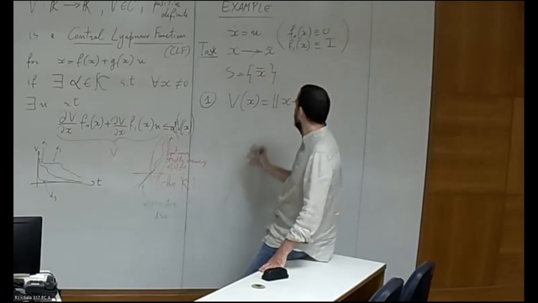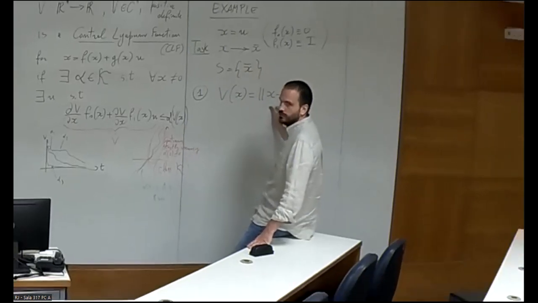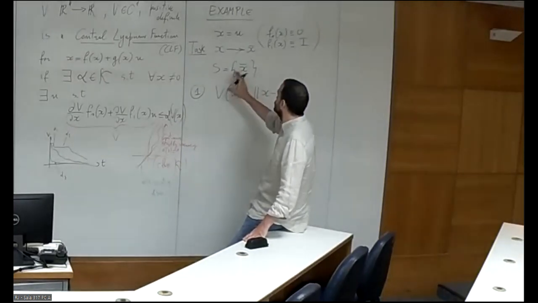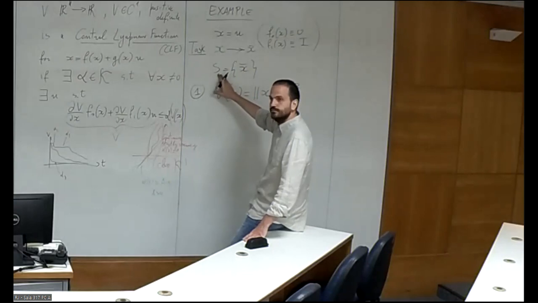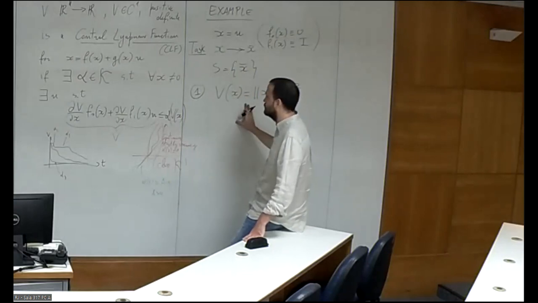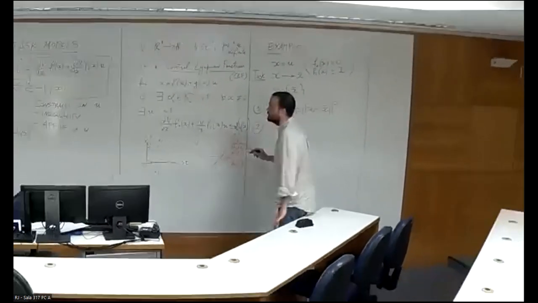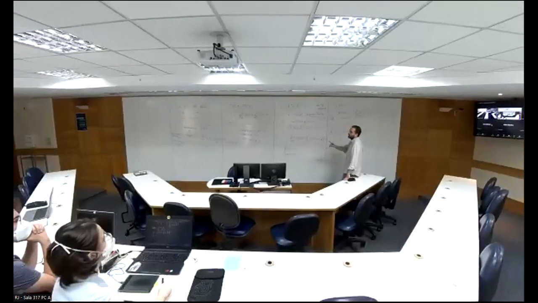This is always positive for all x's, and it's 0 only when x is equal to x bar, which is when x is in the set S. This is a good candidate. Then step 2 is to write down the constraint.